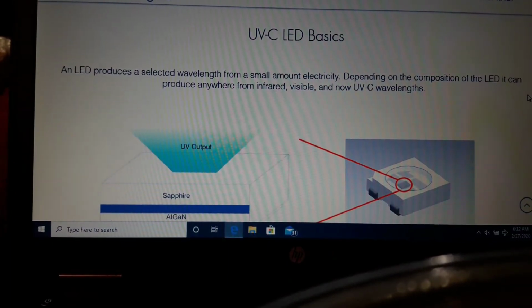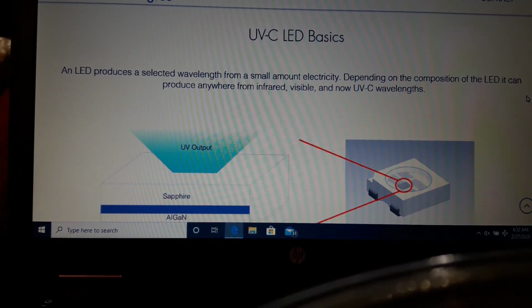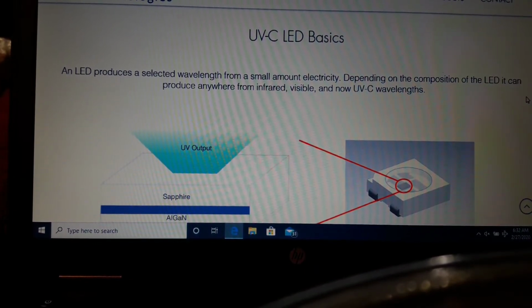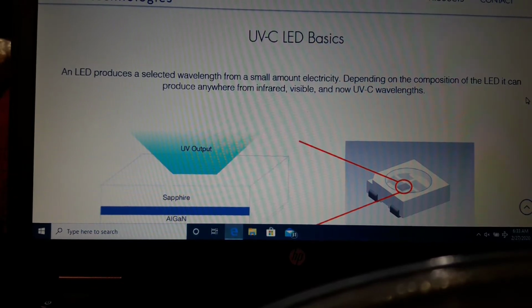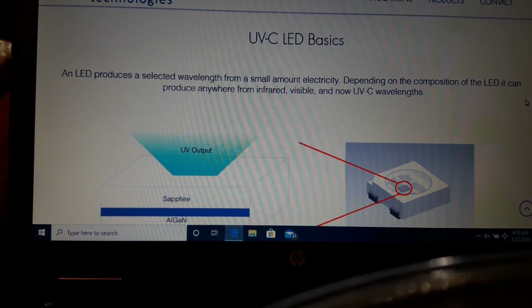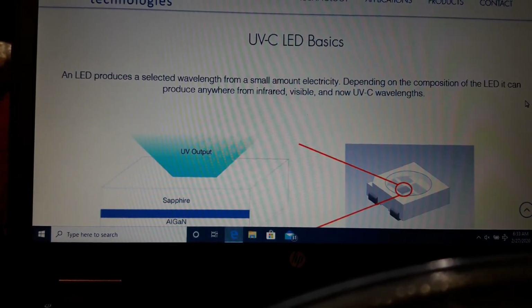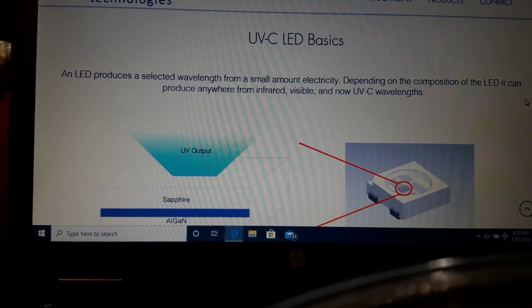UVC LED basics. An LED produces a selected wavelength from a small amount of electricity. Depending on the composition of the LED, it can produce anywhere from infrared, visible, and now UVC wavelengths.